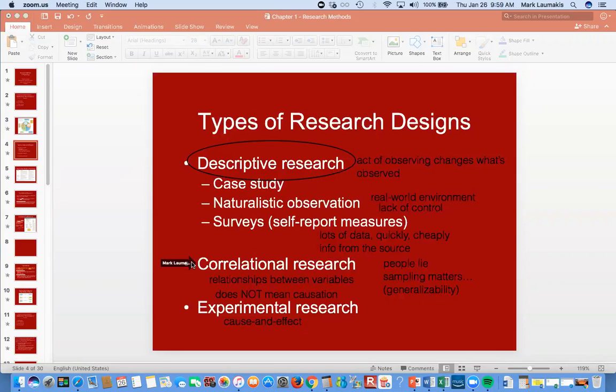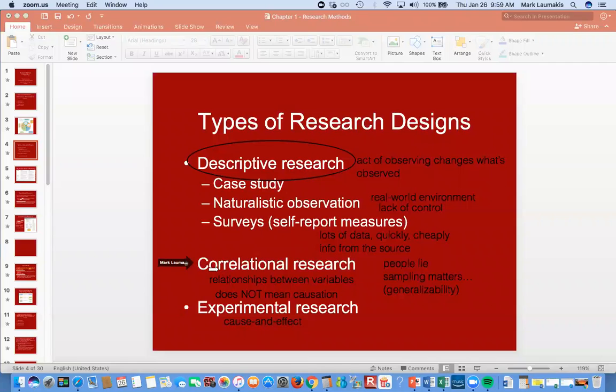So I might think that parents' level of income has an impact on a child's educational attainment in school. How many years of school you complete is related to, or maybe is caused by, how much money your mom and dad have. Well, the experiment would mean randomly assign kids to be rich or poor and see how it turns out, right?